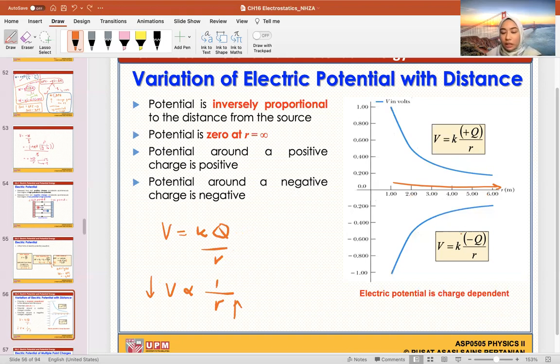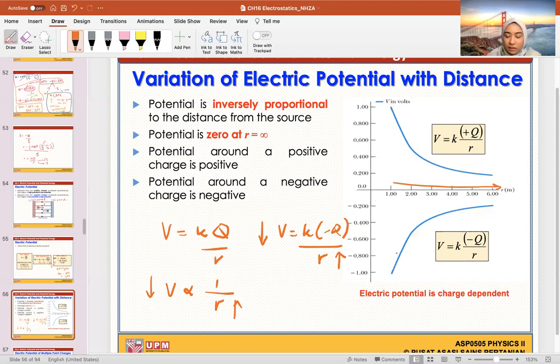And then sama juga, if I have a negative charge, what happens? So if I have a negative charge, this guy will become V equals K times minus Q over R. If my R increases, my V becomes, what does it become? It decreases in value, but it becomes, macam nak cakap?